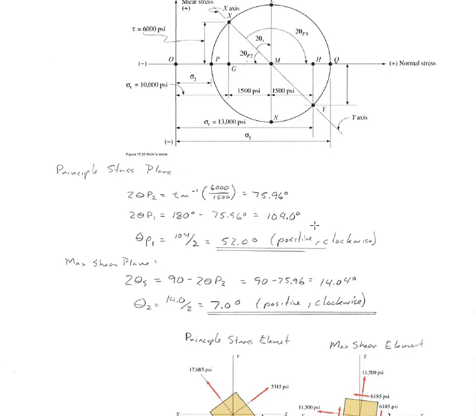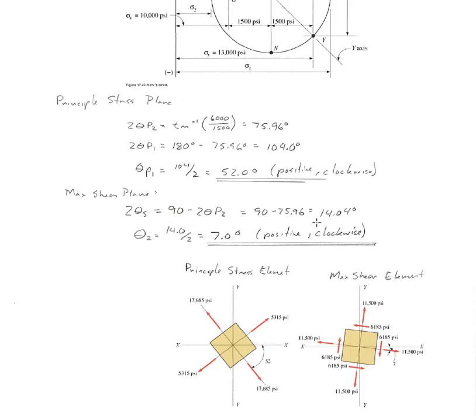Divide by 2, I got 52 degrees clockwise. Okay, so I'm going to draw my principal elements here. I got 5,315 in this direction in tension. I got 17,685 in this direction, and I got 52 degrees. So here is my element that I'm drawing based on principal.